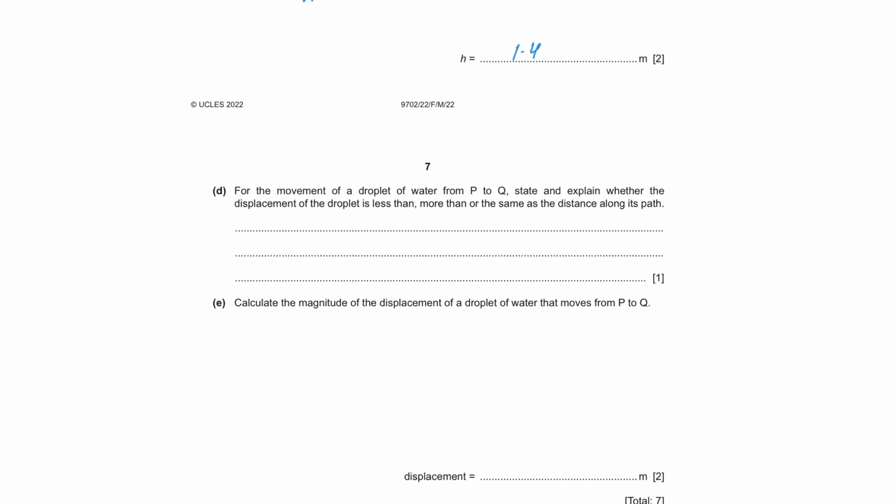Part D of the question says, for the movement of a droplet of water from P to Q, state and explain whether the displacement of the droplet is less than, more than, or the same as the distance along its path. Is the displacement the same as the distance? So what are they actually asking? Let's go back to our diagram.